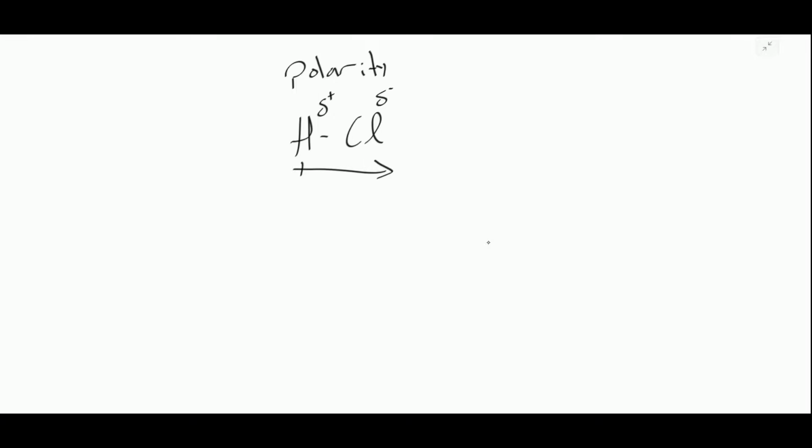And if you have multiple bonds in a molecule, then you have to consider the symmetry of the molecule. Is there broken symmetry? Will that lead to polarity? And in the end, a polar molecule is a lot like a magnet, only with electrical charge instead of magnetic. Okay.